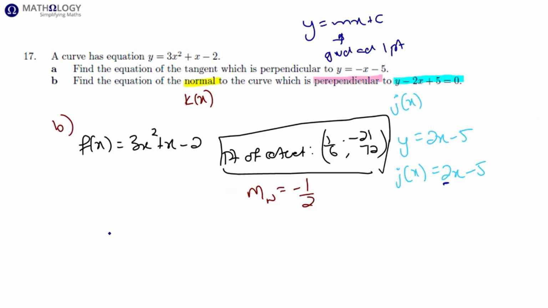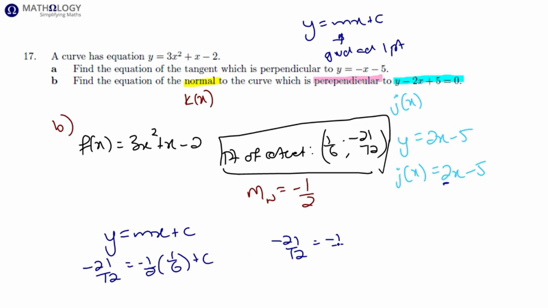We can now determine the equation of the normal, so y equals mx plus c, minus 21 over 12 equals minus a half times 1 over 6 plus c, minus 21 over 12 equals minus 1 over 12 plus c. C will be minus 20 over 12, which is minus 5 over 3.